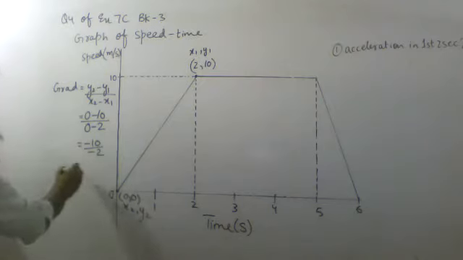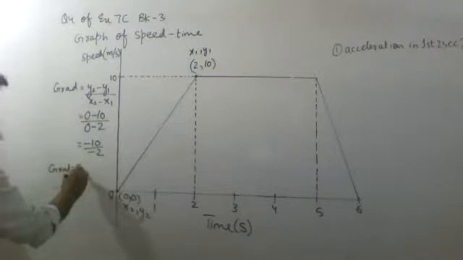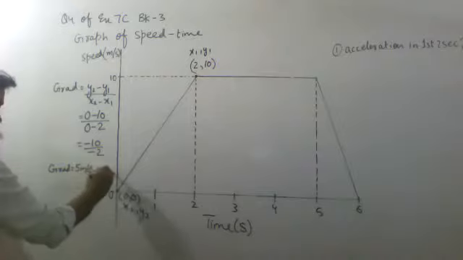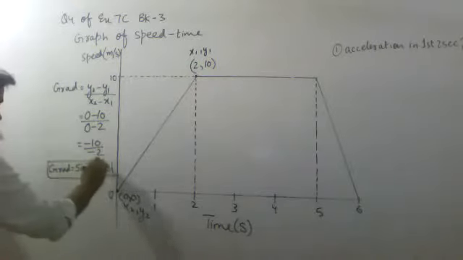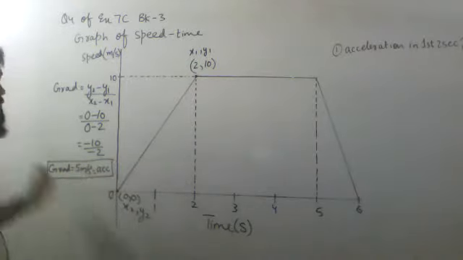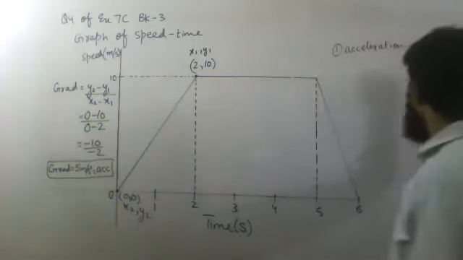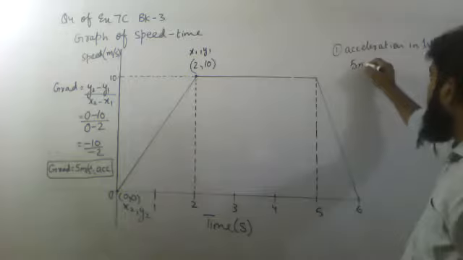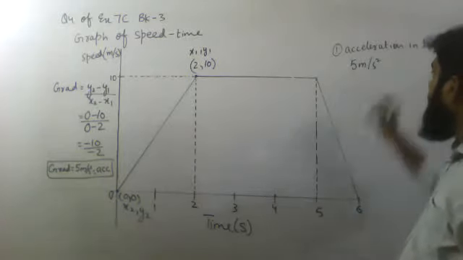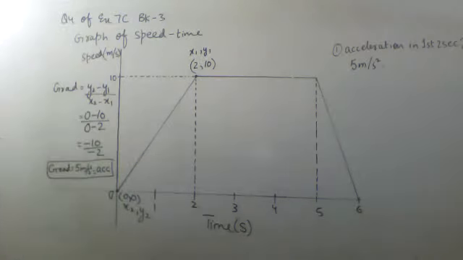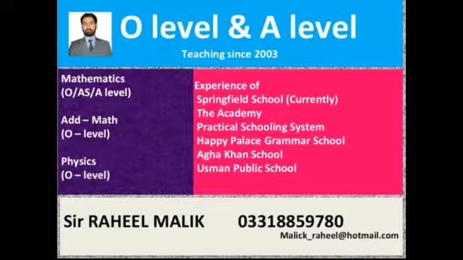When I simplify it, gradient is coming 5 meter per second square. Why am I writing meter per second square? Because gradient of this line is going to show acceleration. So the acceleration in first 2 seconds is coming 5 meter per second square according to the given graph over here.